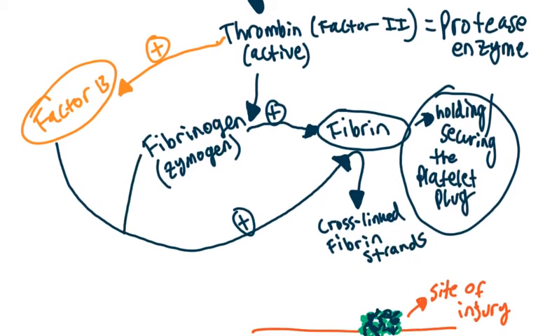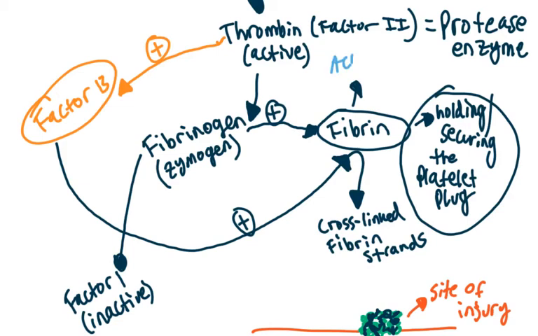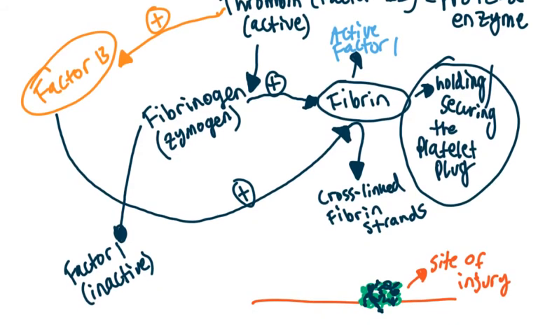So I'm going to write that down: fibrinogen is the inactive form of factor 1, and fibrin is the active form of factor 1. All right, so we can see thrombin is doing that.